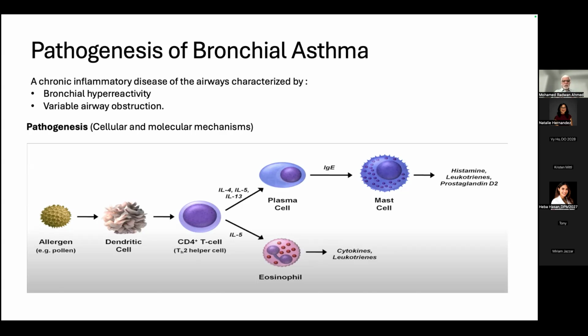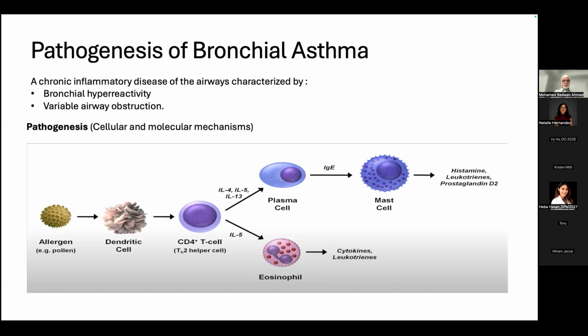When the person is predisposed, those antigens are taken up by the dendritic cells. We call the dendritic cells from immunology the antigen-presenting cells, and they present them to the lymphocytes here. And actually, CD4 T helper cells, we have two: T helper 1 and T helper 2, TH2.